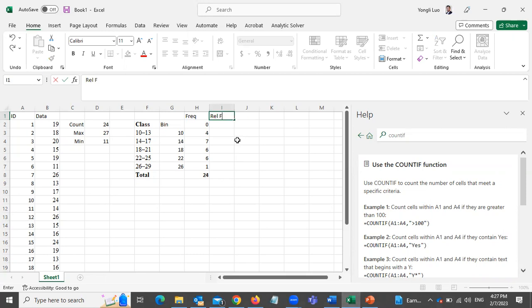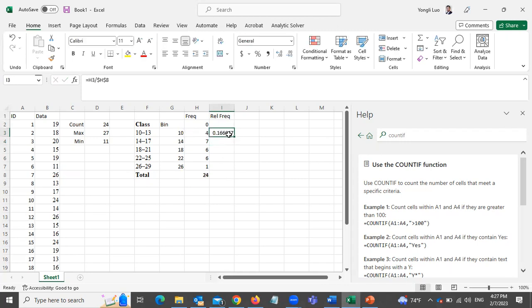It's easy: you take the frequency divided by the total. Make sure you have the $ sign. Press F4 and you can put the $ sign for the total. Then press enter, and that's your relative frequency.